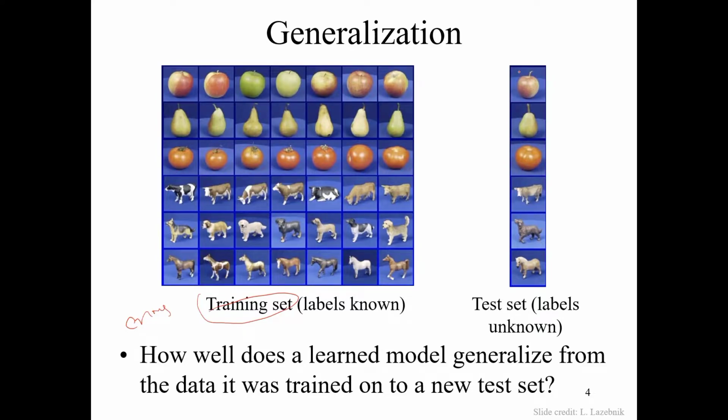So that is why asking whether it is enough is relative. Then you have to go back to what I usually say: let the data speak. Let the data speak. When you plug in your data, what you get is what the data is telling you. So the question must be correctly asked. To be able to answer this question, how well does a learned model generalize from the data it was trained on to a new test set?